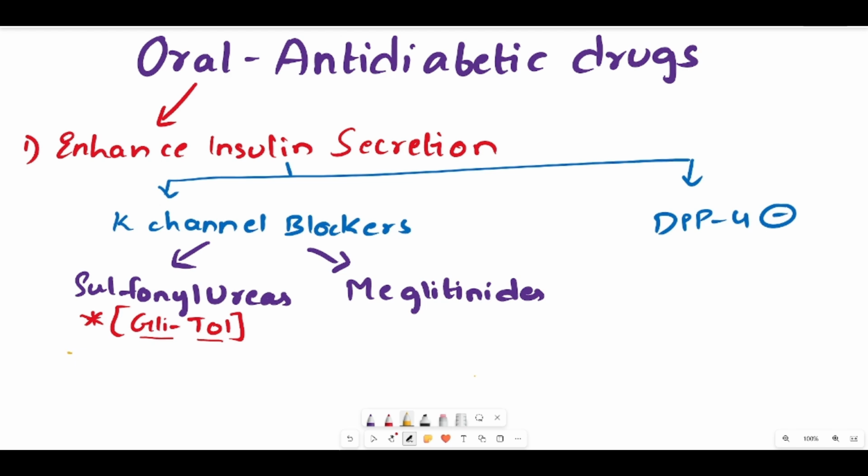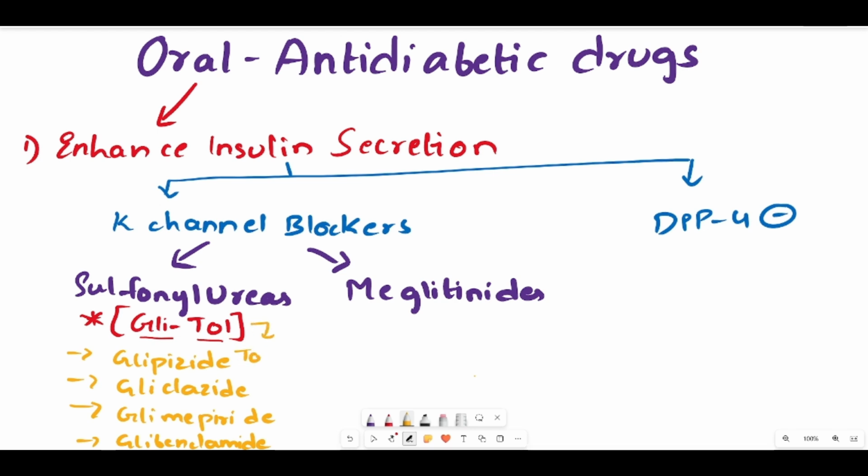The drugs are: the first one is glipizide, second is gliclazide, third is glimepiride, fourth is glibenclamide, and tol means tolbutamide.